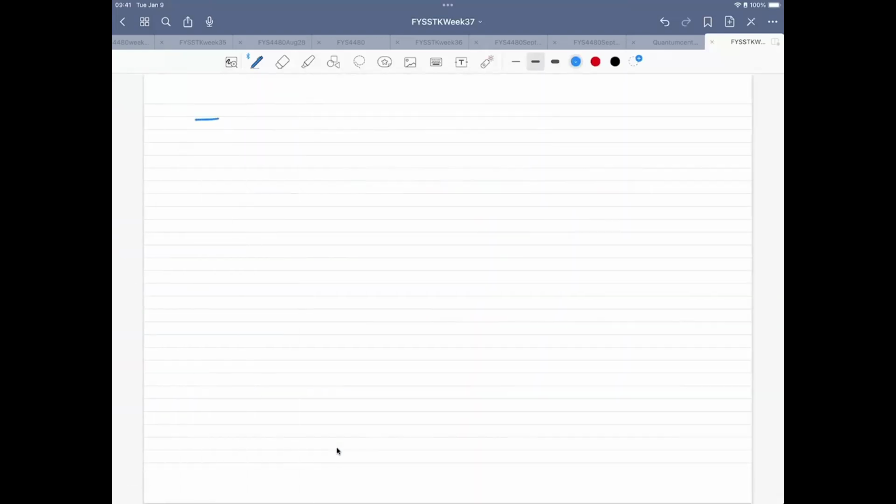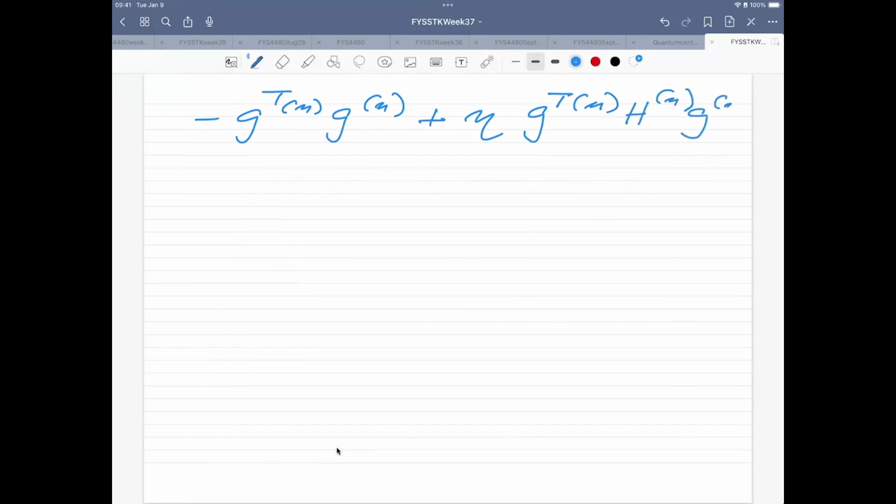So we're going to get minus g transpose for iteration n, g for iteration n, plus this eta, and then we have g transpose of n of h of n of g of n. And we want that to be 0.